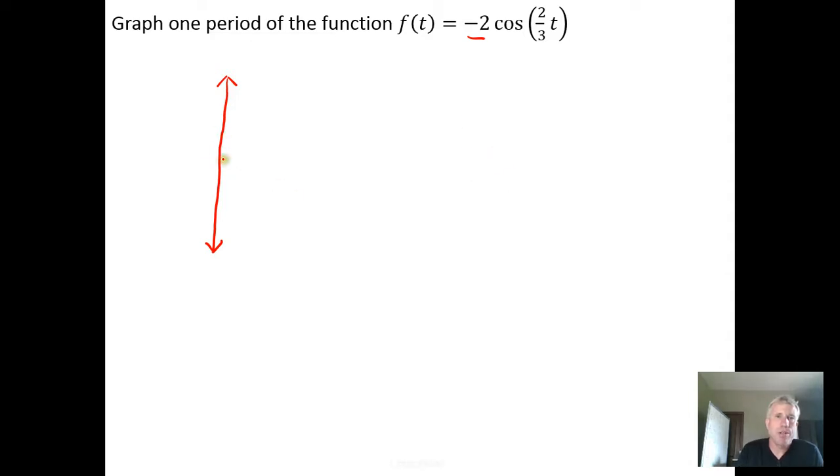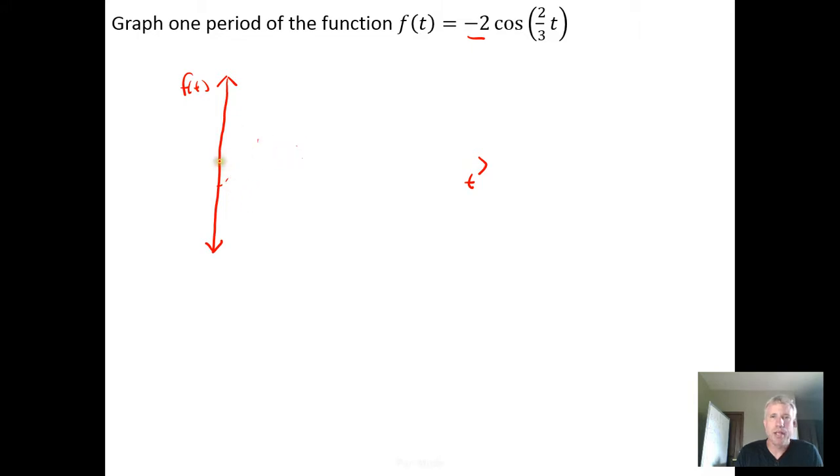I didn't draw it very straight, so we'll try drawing it again to see if we can get a little bit better. So here's the t, here's the output f of t. Cosine function usually starts high, goes low, comes back to where it began, but this negative sign is going to reflect it through the t-axis. So we actually need to start at the low point when we do the drawing.